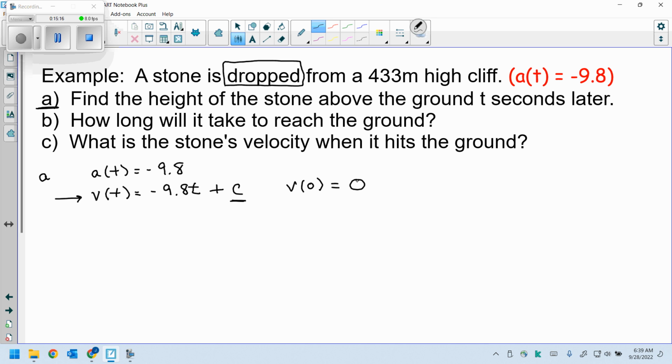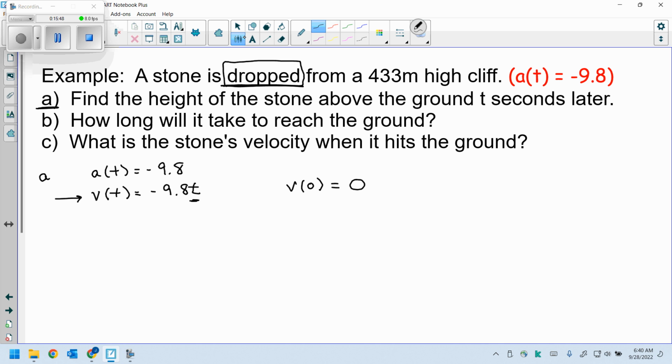Just momentarily, it starts speeding up quickly, but momentarily we're getting a velocity of 0 at a time of 0, and that's what dropped tells us. And so if I put a 0 in for t and my result is 0, that means c is 0. So it was there, but I know it's got a value of 0, so I'm going to keep this as uncomplicated as I can.